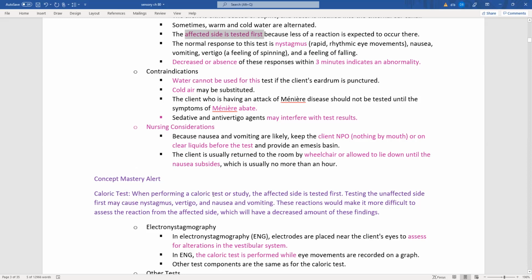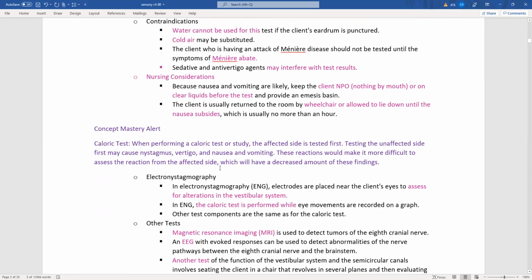When performing a caloric test or study, the affected side is tested first. Testing the unaffected side first may cause nystagmus, vertigo, nausea, and vomiting. These reactions would make it more difficult to assess the reaction from the affected side, which will have a decreased amount of these findings. Okay?